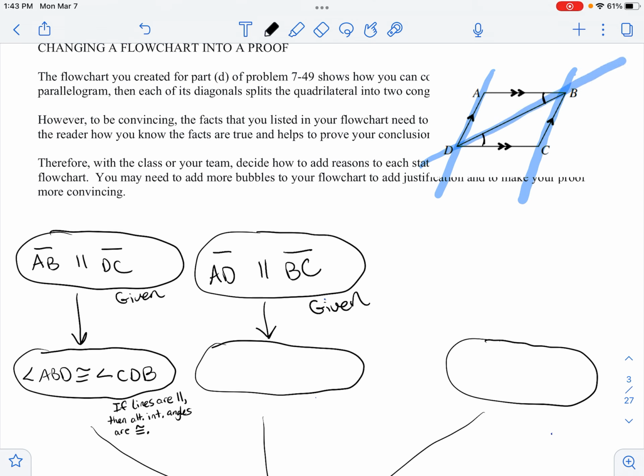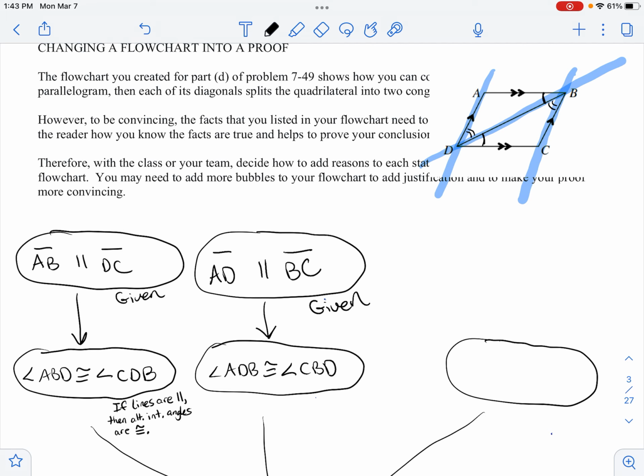Remember, your alternate interior angles are kind of in the little angles, those little elbows of your Z or your N. And so now we can say angle ADB is congruent to angle CBD.